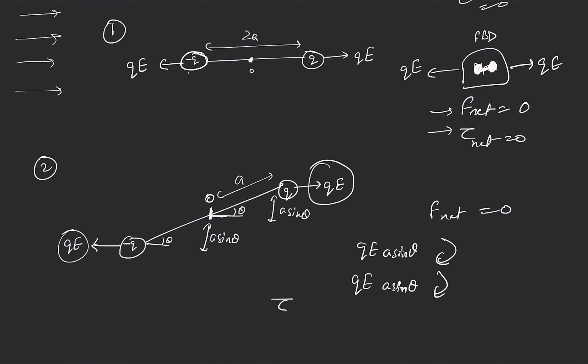Therefore torque net is 2QE a sine theta. Now we know that 2aQ is nothing but magnitude of dipole moment, which is P. So we can write it as P E sine theta.